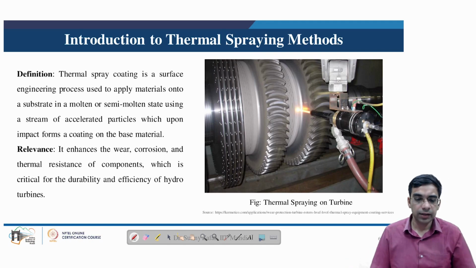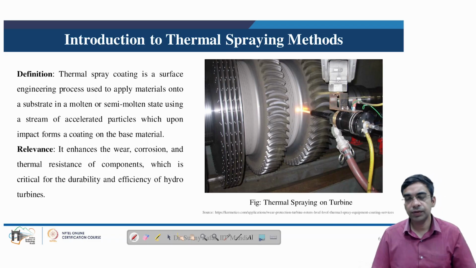Thermal spray methods are basically a surface engineering process used to apply materials onto a substrate in molten or semi-molten state, utilizing a stream of accelerated particles which upon impact on the base material develop the coating.